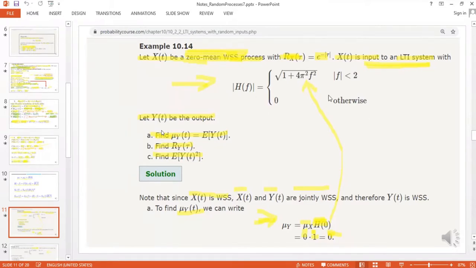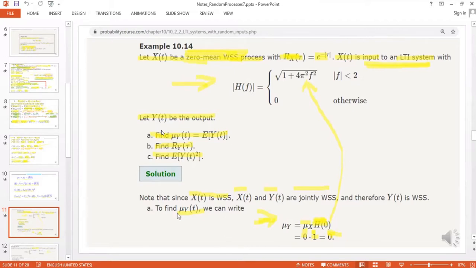The transfer function H(f) is 1 over 1 plus 4 pi squared f squared for absolute f less than 2, and 0 otherwise, and y(t) is the output. You have to calculate the mean of the random process y(t), its autocorrelation function, and the expected power in y(t). These three you have to calculate.